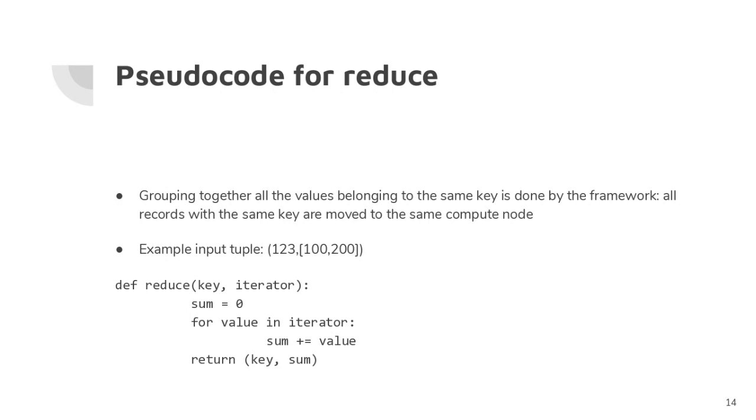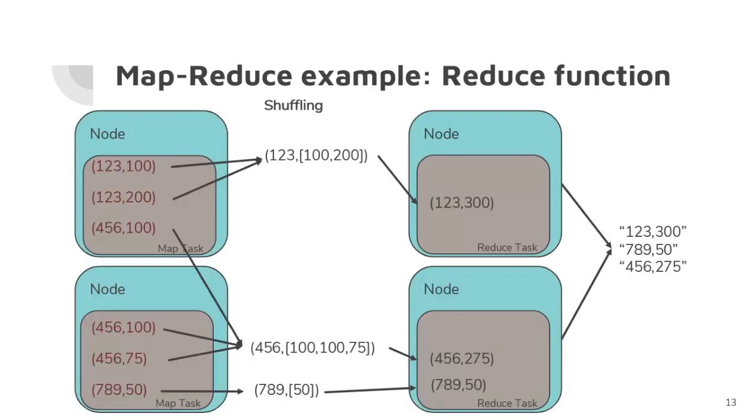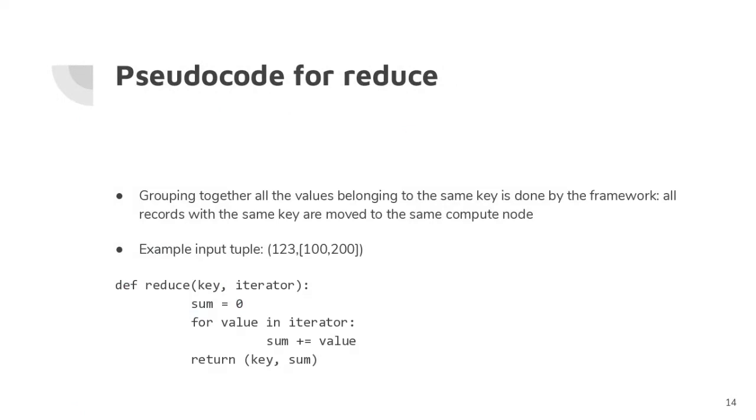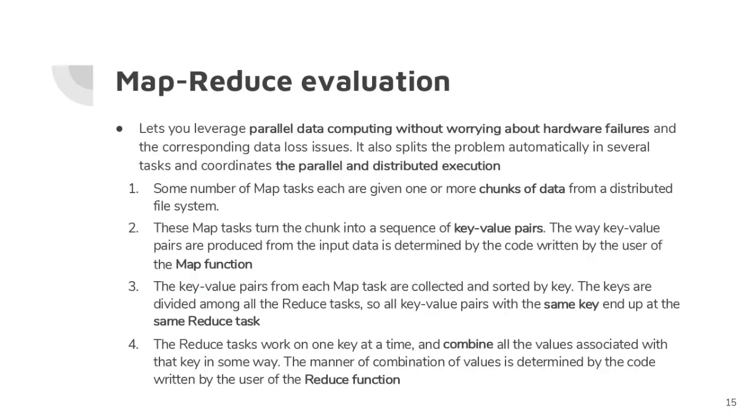And as noticed before, the grouping of all values with the same key is done by the framework. So you can abstract away from the fact that it's executed on 2 different computers, and that the data is transferred from the first node to the second node with the group by key. That's all done by the framework.